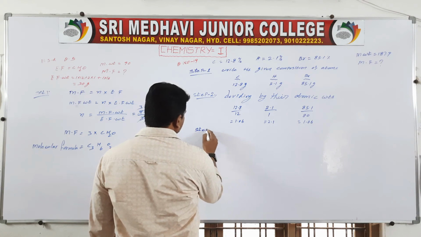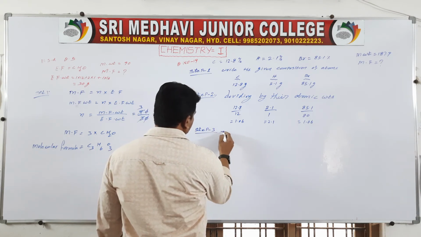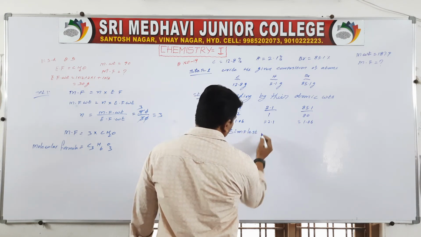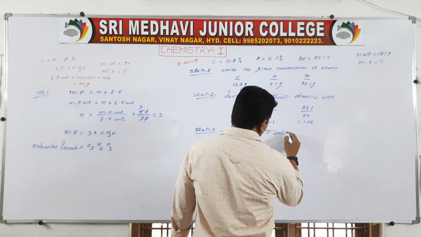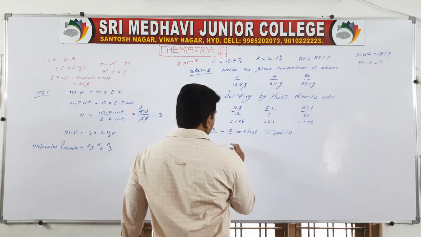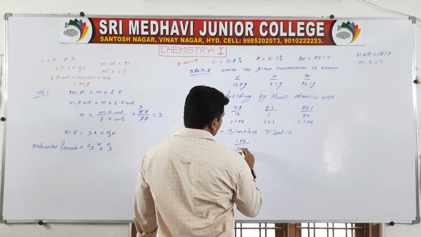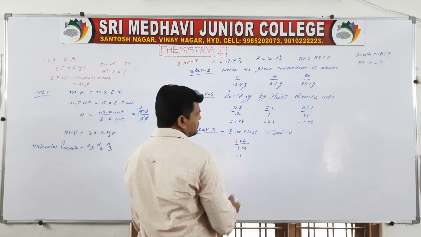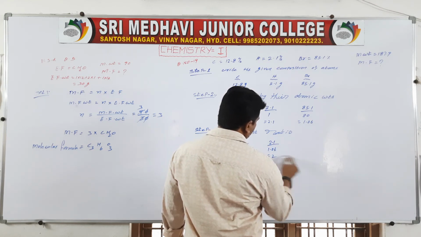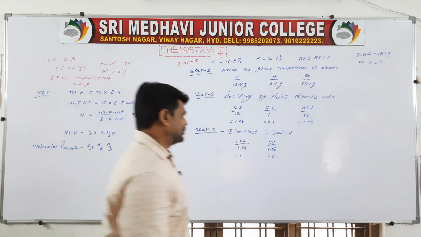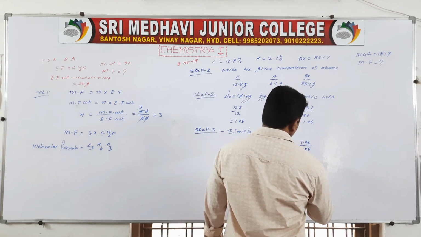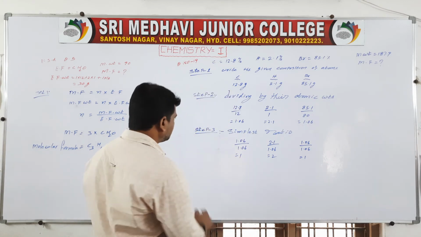Okay, then step 3, simplest ratio. Okay, which is the least number? 1.06. So, it is 1. 2.1 by 1.06, it is 2. 1.06 by 1.06, it is 1.